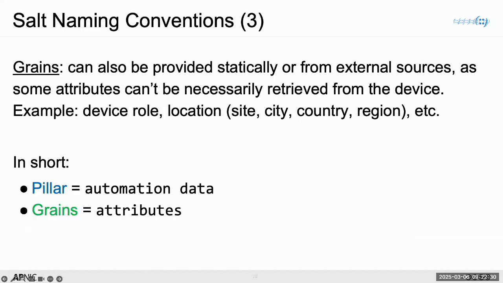Grains can also be provided statically or from external sources, as some of the attributes can be retrieved from the system itself. So we can say, in short, we have pillars, which is the automation data, and grains are the attributes of this data.